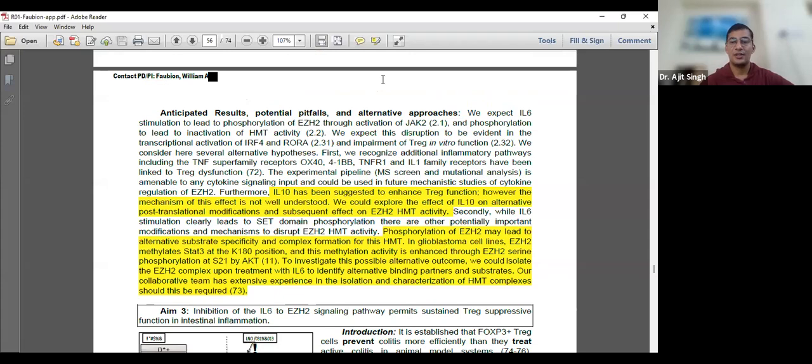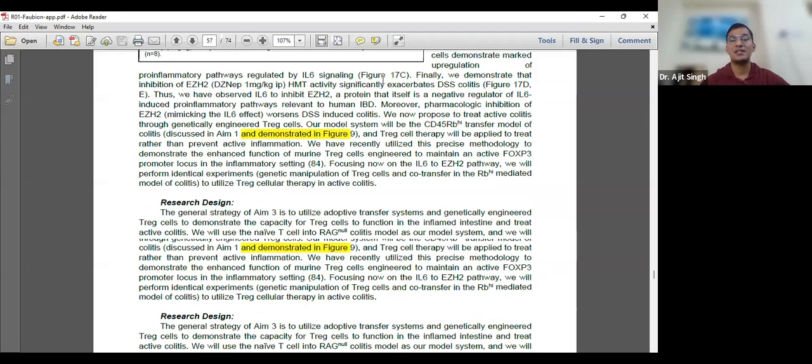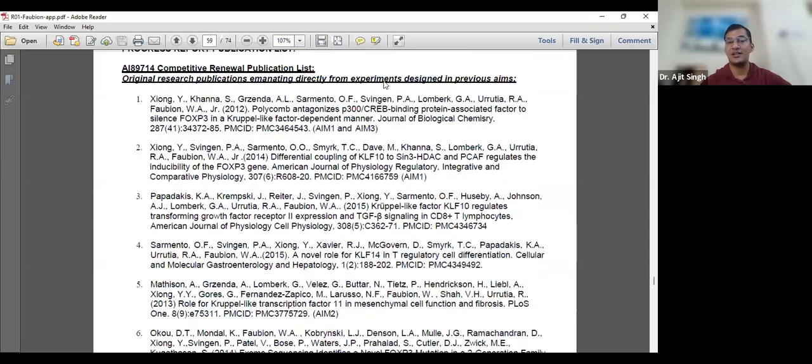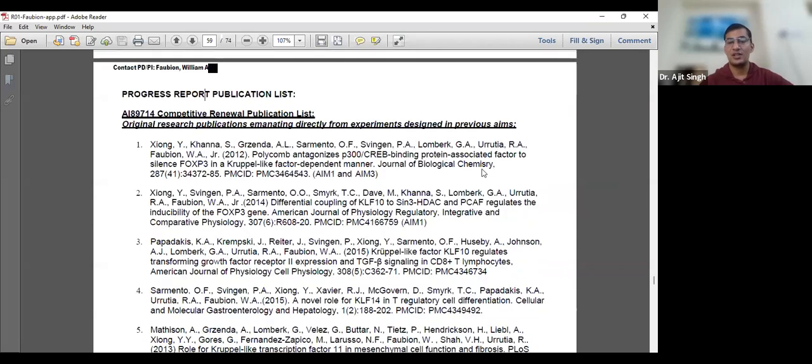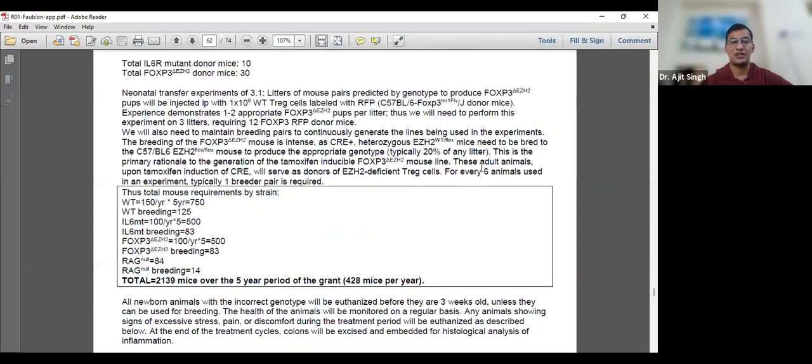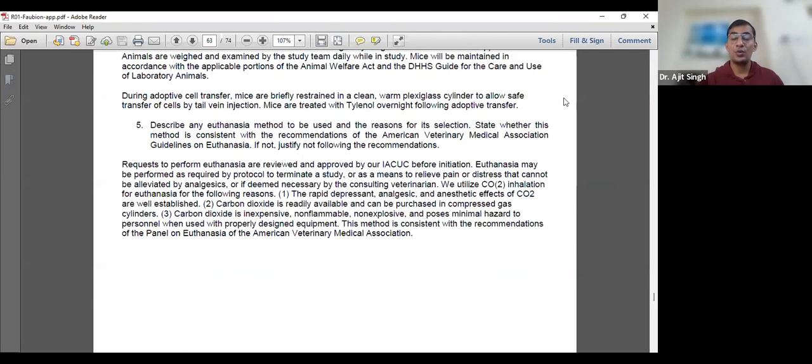Okay. So there they have mentioned everything, guys, everything here. And then finally the literature review or the progress report, publication lists and all, everything they have mentioned here. So if you read these things, it is fun. It will give you a lot of new things.